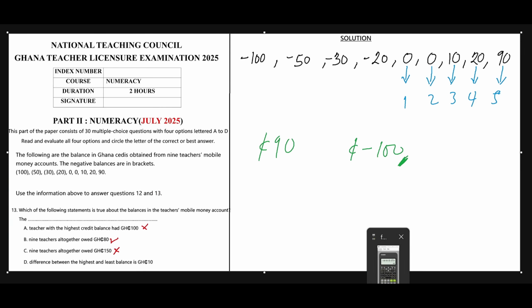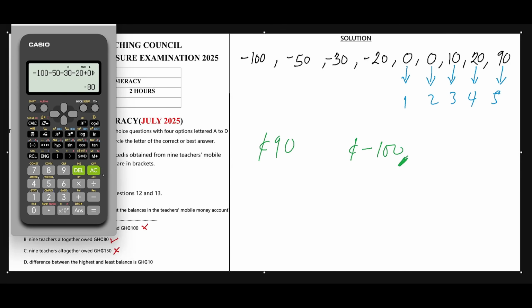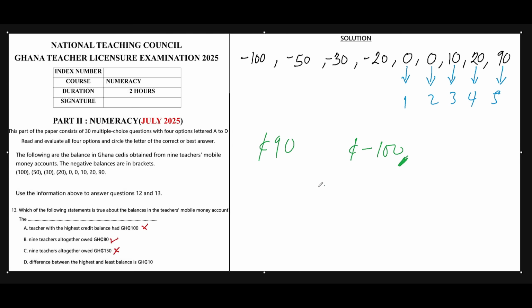So let's see the difference. So the difference, we have 90 plus negative 100. So that is the difference. There's rather 10 cedis, which is owed. So the difference will still be a debt of 10 Ghana cedis.